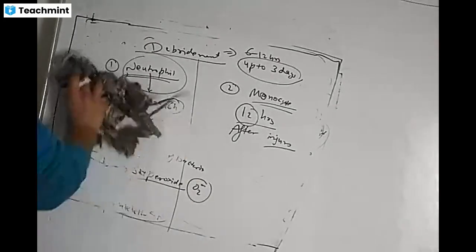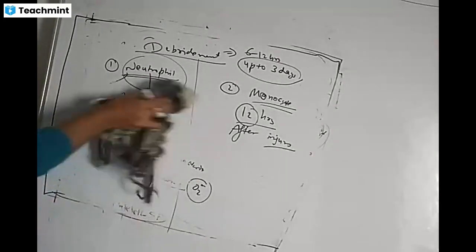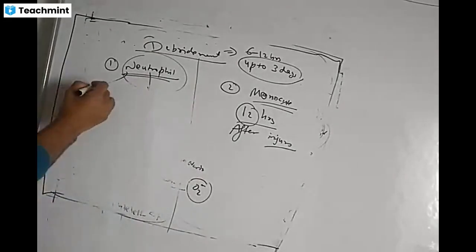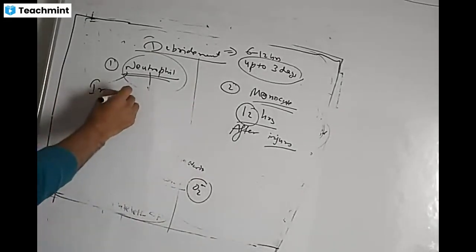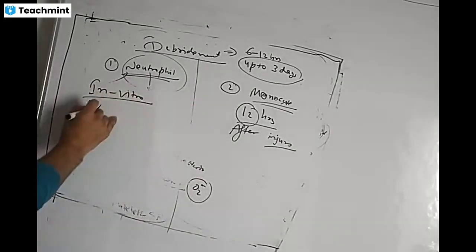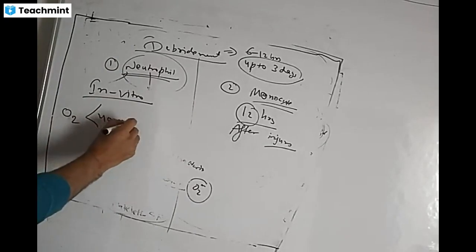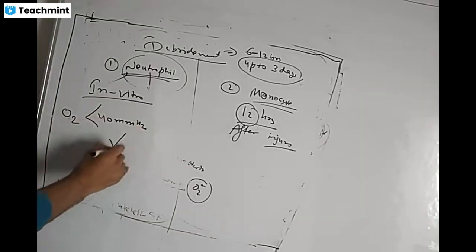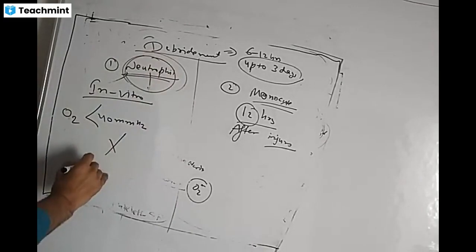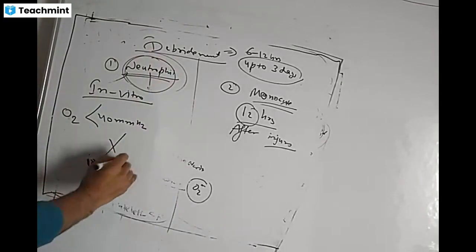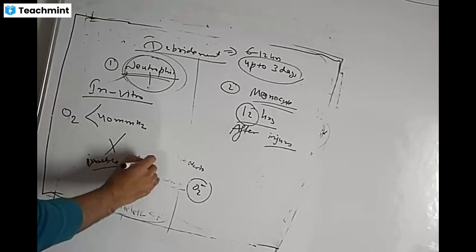In the neutrophil role, there is one in vitro study. They say if oxygen is less than 40 mm of Hg, then this neutrophil will be unable to kill the bacteria.